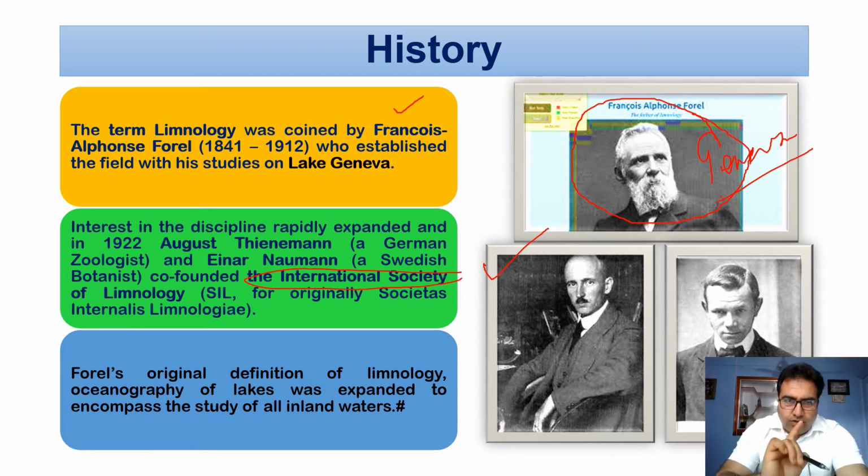Now, it was Forel who coined the term, and he exclusively worked on the water of Lake Geneva, and later on in 1922, August Thienemann and Einar Naumann together founded the International Society of Limnology, and it was originally known as Societas Internationalis Limnologiae.